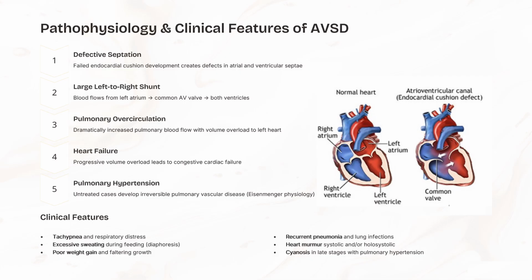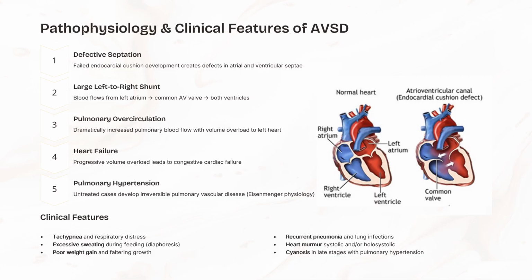So when we talk about clinical features, tachypnea and respiratory distress will be present, excessive sweating especially during feeding time, and poor weight gain, faltering growth, and then recurrent pneumonia and lung infection may develop, and a heart murmur, systolic and holosystolic, will be there.